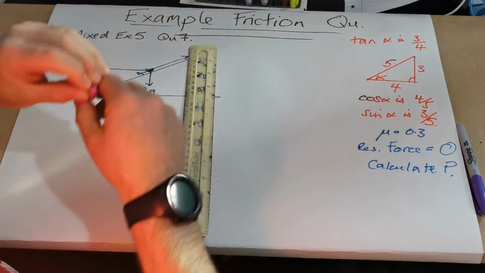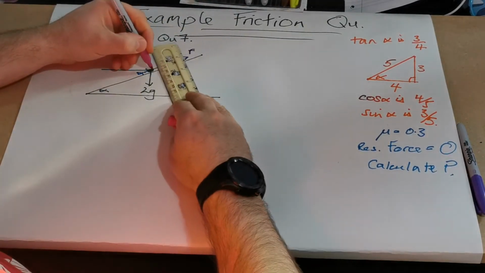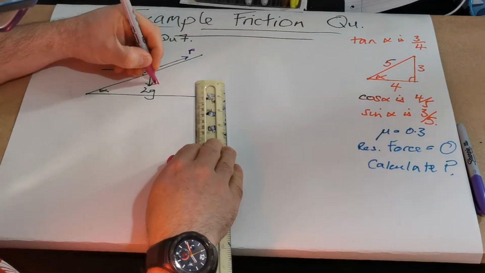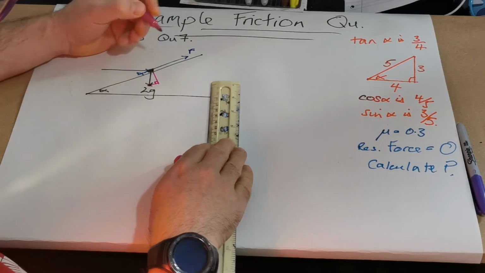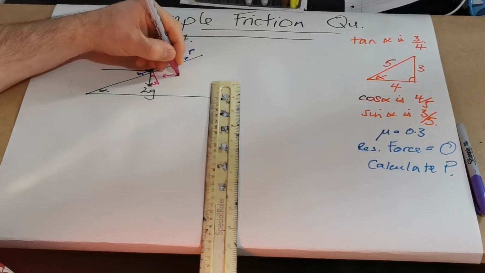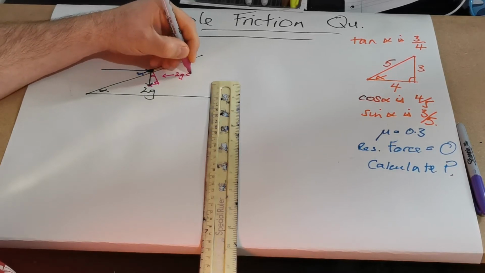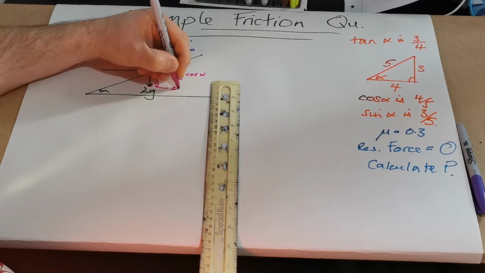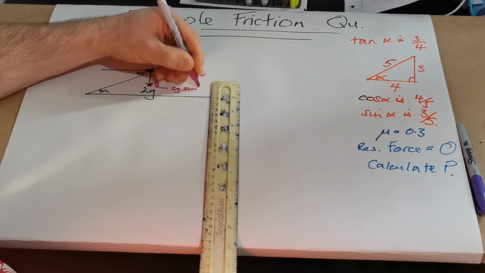So I can put in my right angle triangle there, and knowing that is alpha, this is 2g cos alpha, and this is 2g sine alpha.